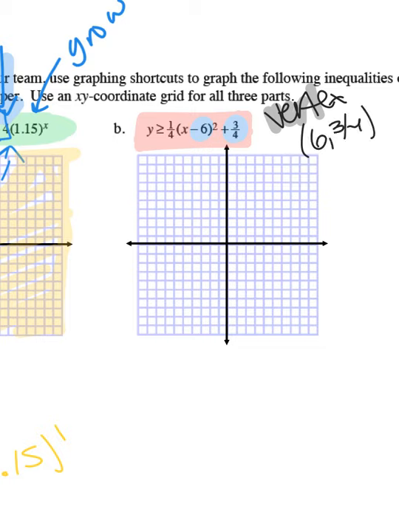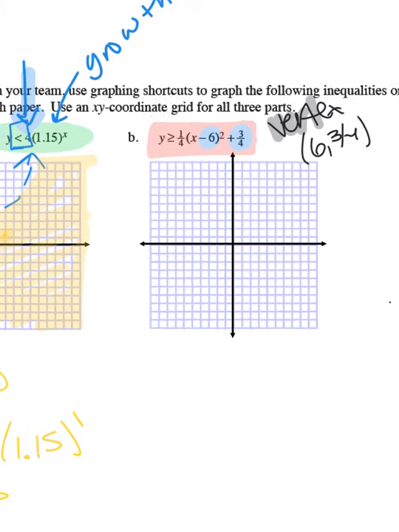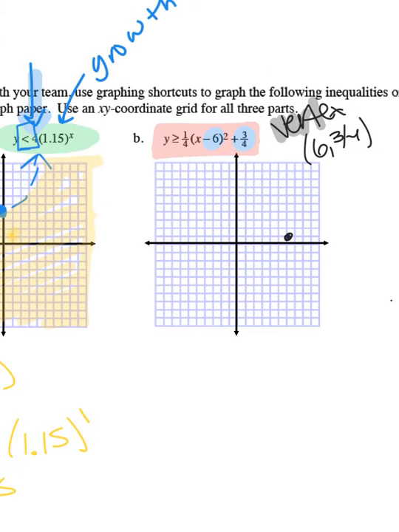So I can graph that. 1, 2, 3, 4, 5, 6, and 3/4. Here's the coordinate of my vertex. Because this 1/4 is positive, that's telling me that my parabola is going to be opening upwards. And the 1/4 makes it a little flatter than a normal parabola. Oh, and it's a solid equal to, so I can make a solid line. I don't have to be very exact.